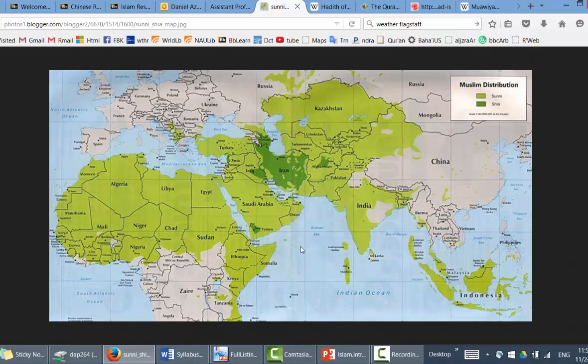Meanwhile, in dark green are those with large Muslim populations which have a large or majority Shia population. So this is predominantly Iran itself, which since the 1500s or 1600s has been pretty much Shia in character. Meanwhile, a little over half, say about 60% of Iraq, are of the Shia denominations. And then there are also large populations of Shia in Syria, in Lebanon, as well as even in Yemen.